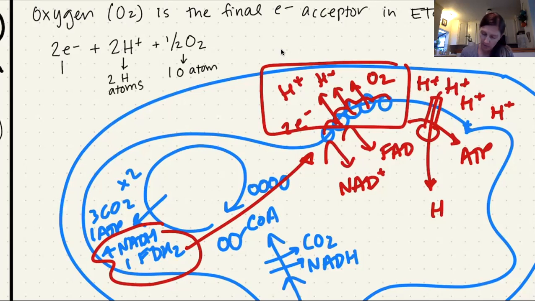right? The electrons are from either NADH or FADH2, right? And when these come together, they form water, right? So we have one oxygen atom from our half oxygen. We have our two H's from our protons, but to make those H's full hydrogens, they need those two electrons, right?